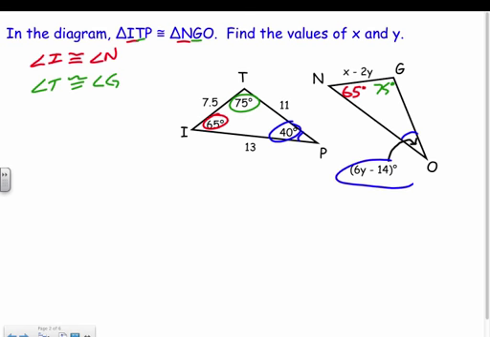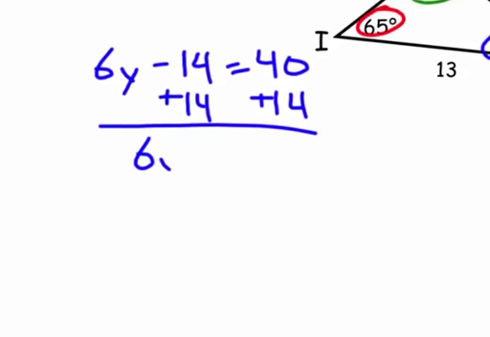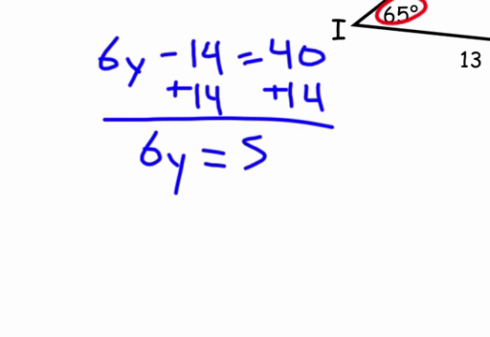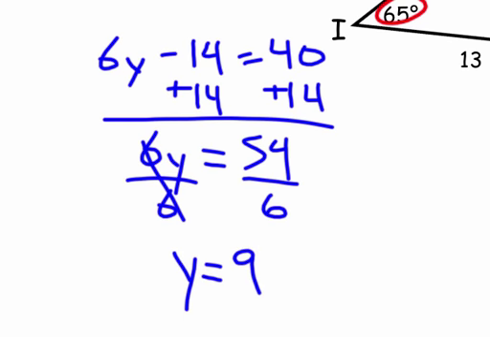So I know that this is going to equal 40 degrees because they're the same, aren't they? P and O correspond. So I can set 6y minus 14 equal to 40. And then we solve for y. So you notice how I use that triangle congruence statement to set up my equation to solve. And we end up with y equals 9.